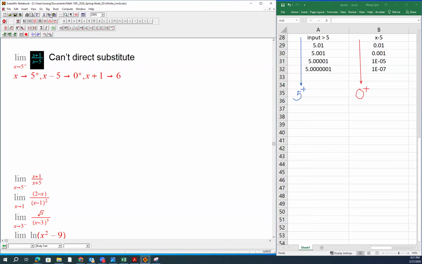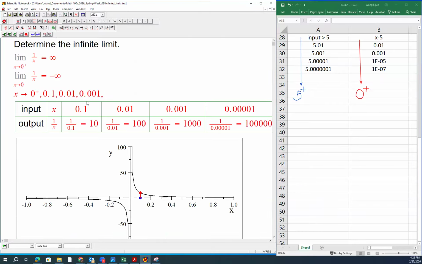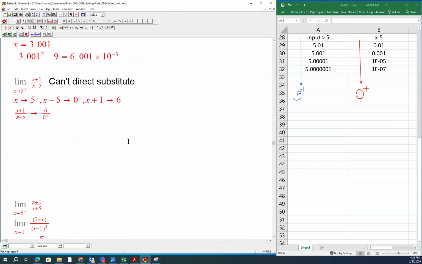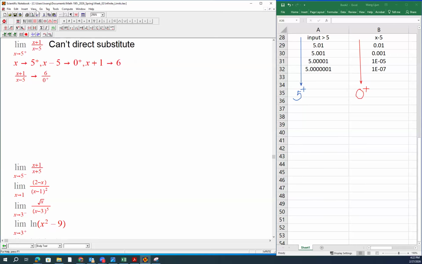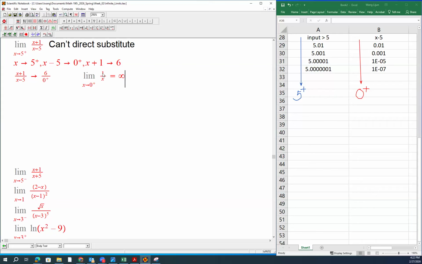So this quantity, x plus 1, is approaching 6 in the numerator. The denominator is approaching 0 plus. You can see this is more or less related to what we have done here, right? It's very much similar. Yes, in our model, the numerator is 1.